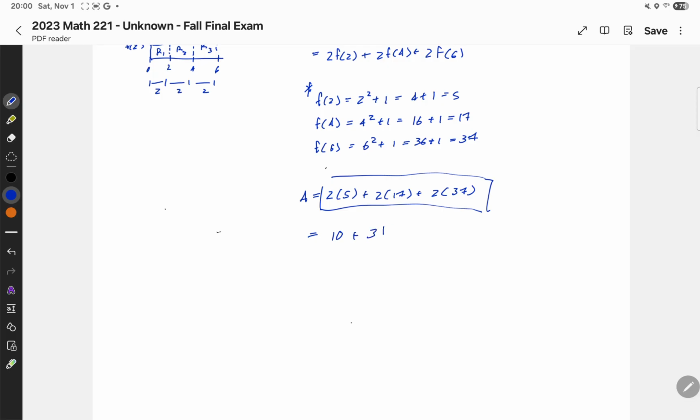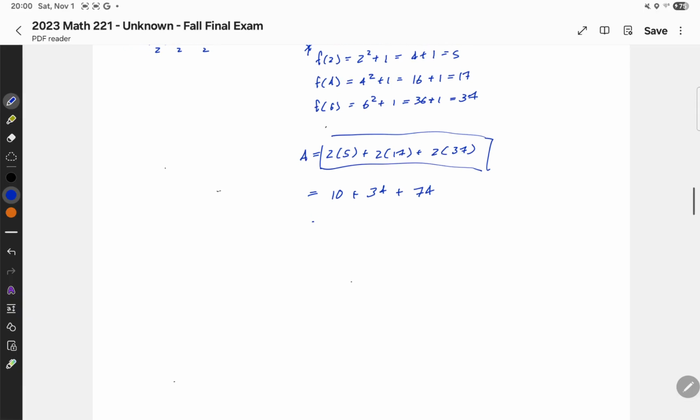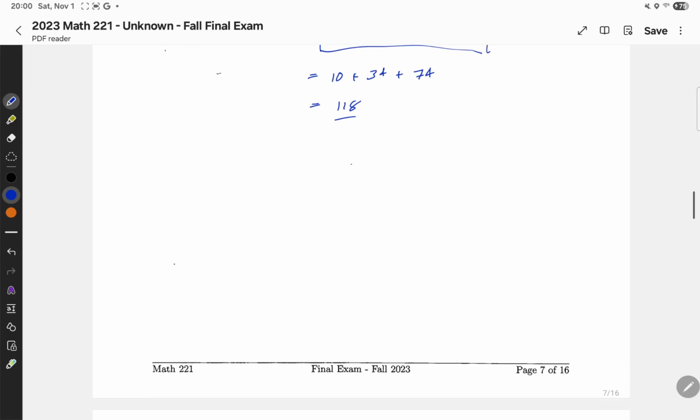And 2 times 37 is 60 plus 14, which would be 74. And adding this up, this would be 108 plus 10, 118. Yes, arithmetic is not my strong suit.